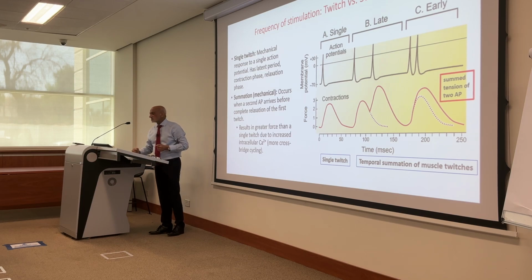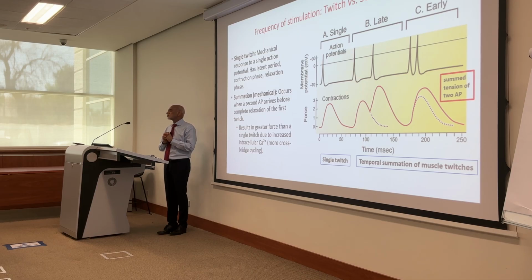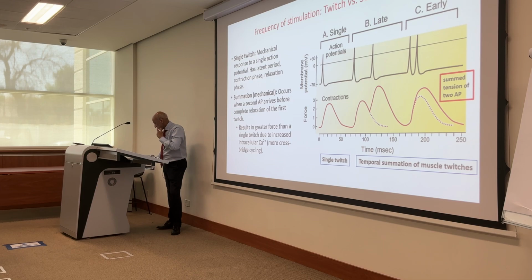If there's more calcium, there's more activation of the cross-bridge cycling, there's more activation of the actin, therefore the myosin can attach, and therefore you're going to get this increased contraction, and that's called summation. Okay? So, more action potentials, depending upon where they are, will give you a greater contraction.